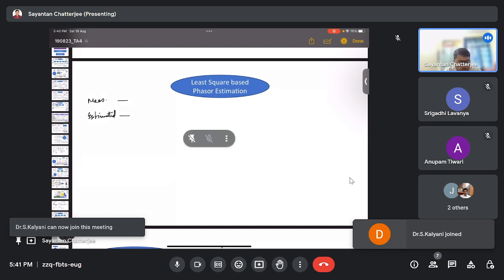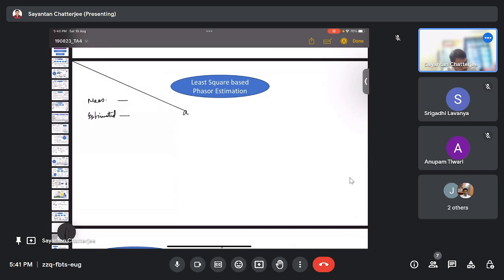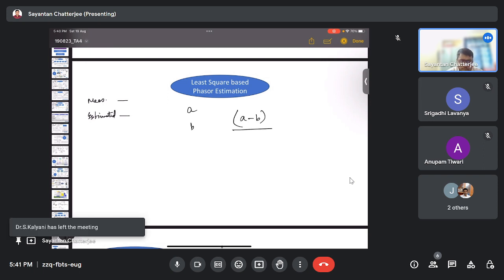for the least square method, suppose there are differences between A and B. If we take the difference between A and B and both values are exact, then it's quite okay.